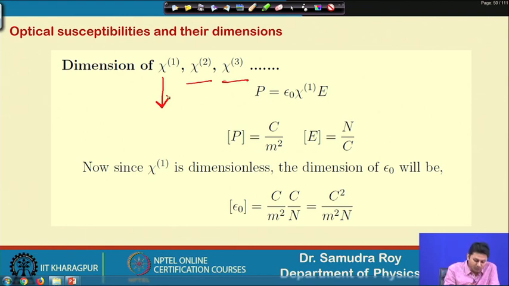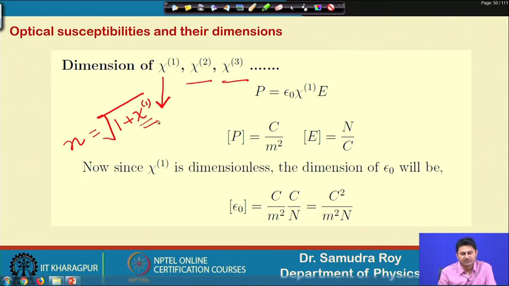Why? Because we know that the refractive index is a dimensionless quantity, and refractive index is represented by this term. So, when the refractive index is represented by this term, that means one is added with some quantity, which is the first order susceptibility, and this first order susceptibility should be dimensionless, so that the total n, that means the refractive index, should be dimensionless.